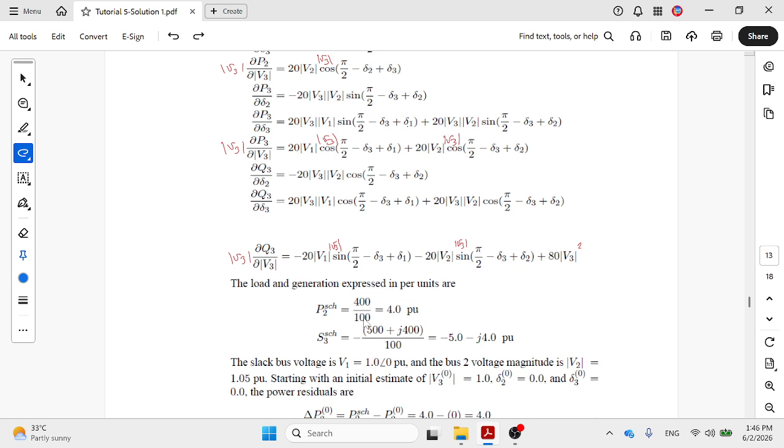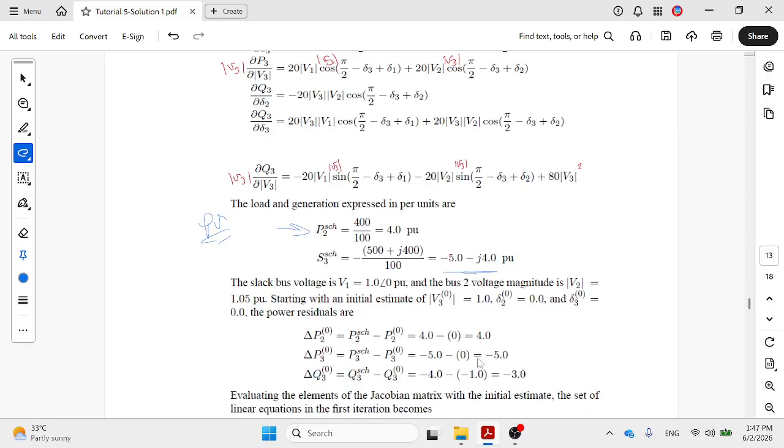P2 schedule is 400 over 100, as I mentioned, is 4. This is for the PV bus, and then this one is for the PQ bus. So delta P2 is P schedule, which is 4, minus 0 for the first round. We don't have any value, so P2 is 0.